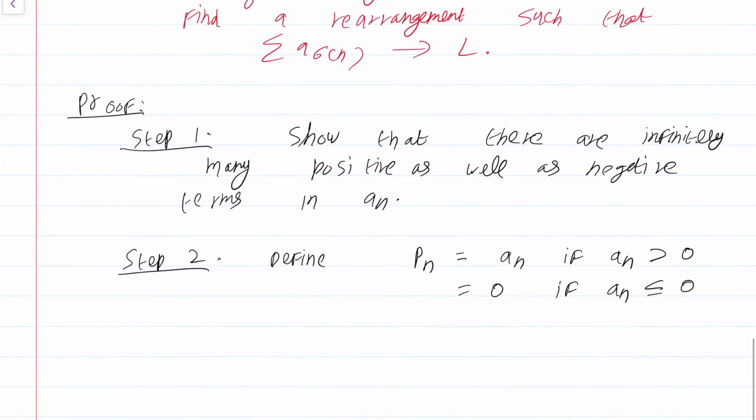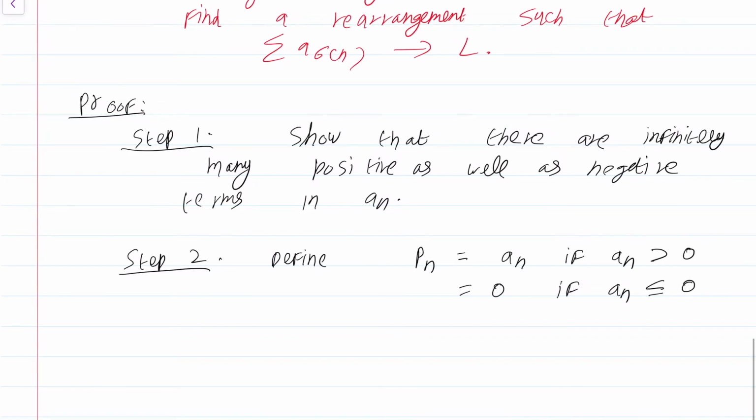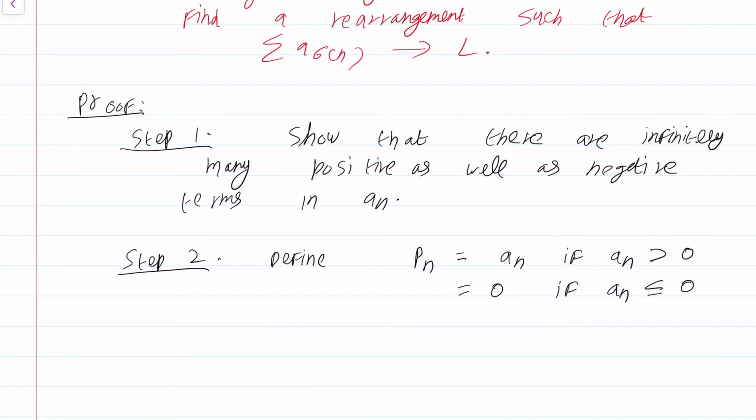Okay, I'm defining a new sequence Pn. P stands for positive here, whose value will be an if an is greater than 0, and whose value will be 0 if an is less than or equal to 0. Next I define a negative sequence. I don't want to use nn, so maybe I will just use Rn.